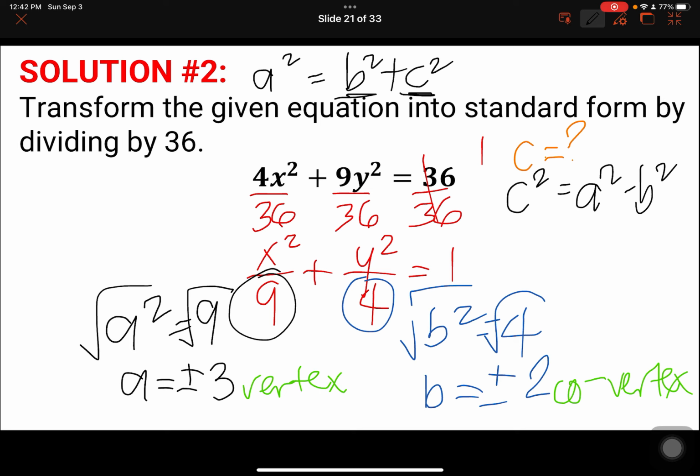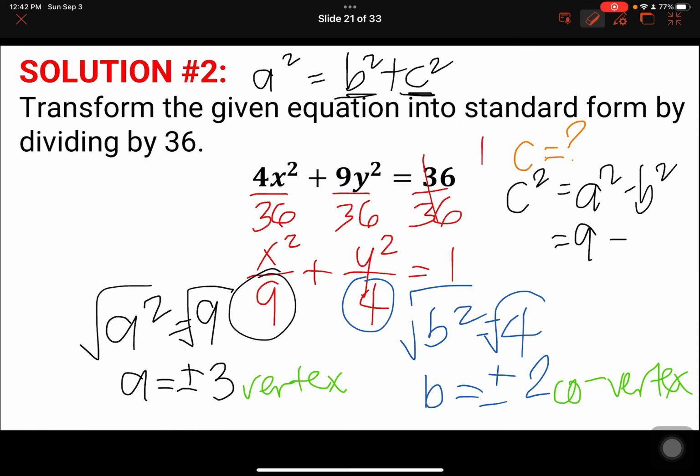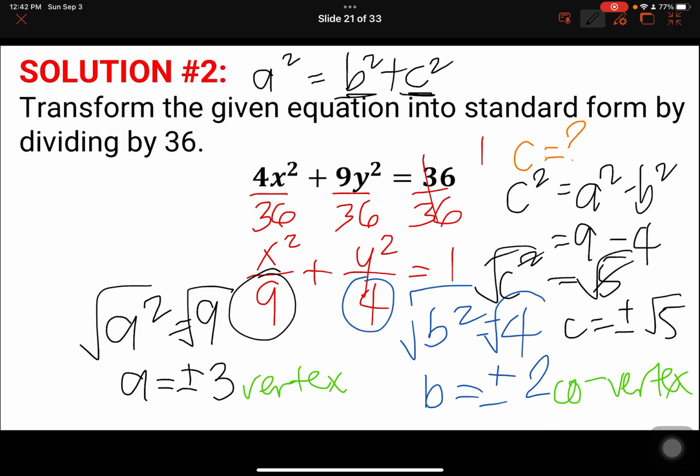That is equivalent to 9 minus 4, because our b squared is 4. So it becomes 5. Removing the square root, c is equal to positive, negative square root of 5.